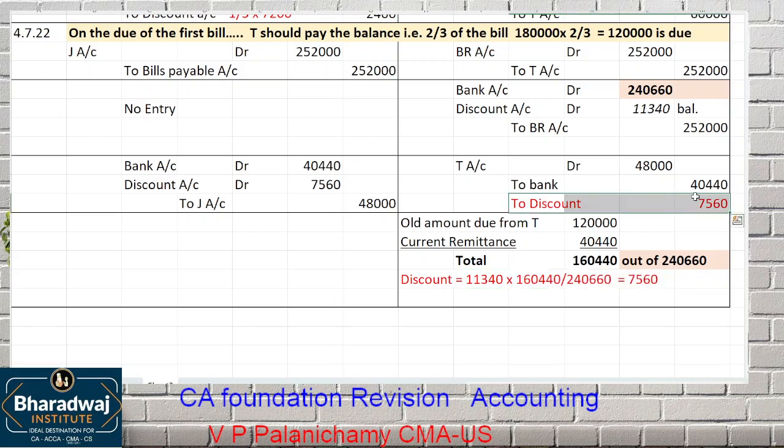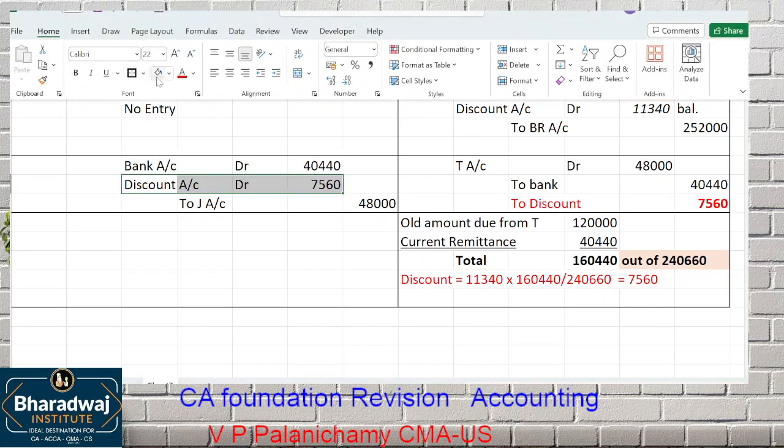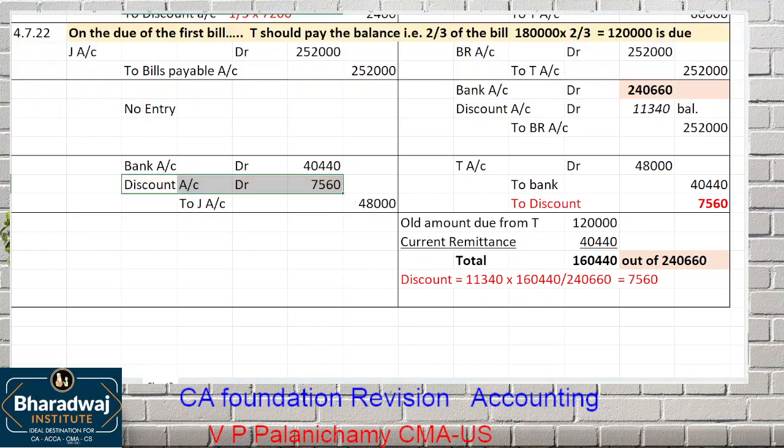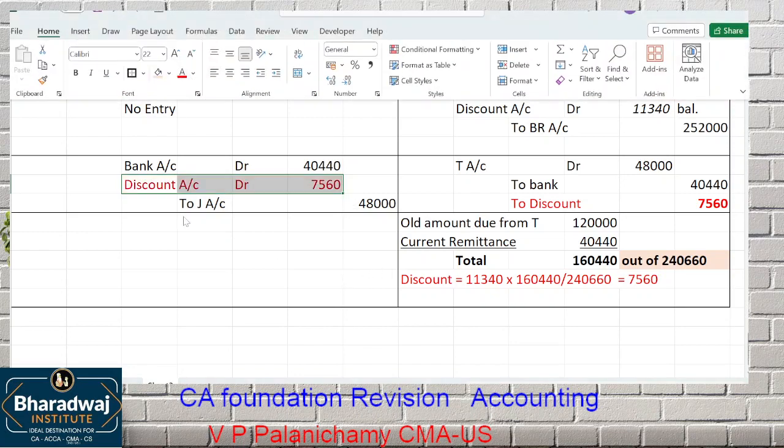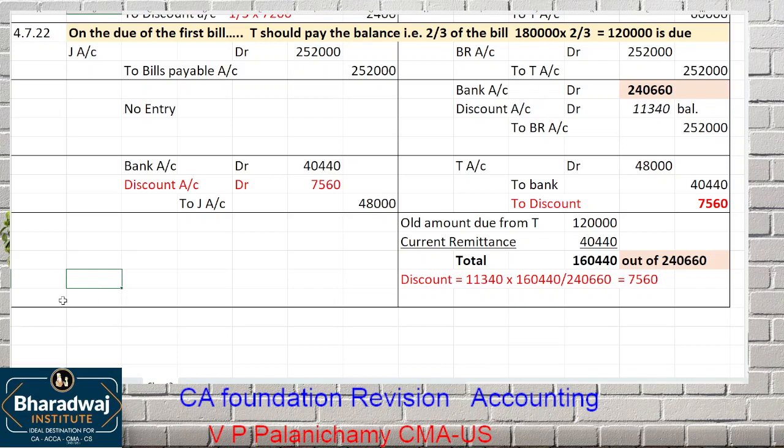Here is where many students go wrong in the exam. The discount. Wait பண்ணுங்க. What is the total amount due? Already எவ்வளவு இருக்குங்க? 1,20,000 plus இப்போ ஒரு 48,000.